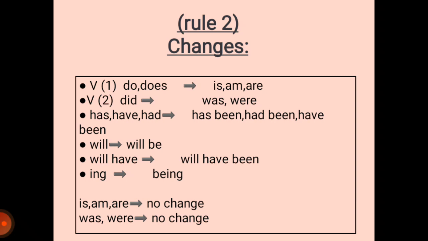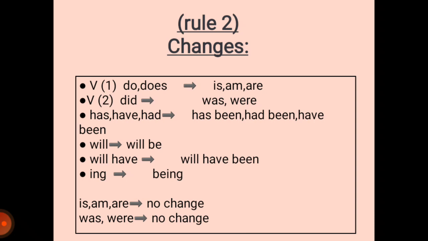Has, have, had. Has will be converted into has been. Have will be converted into have been. Had will be converted into had been. Will be will be converted into will be. Will have will be converted into will have been. ing will be changed into being.